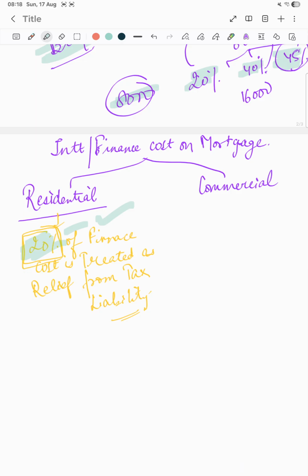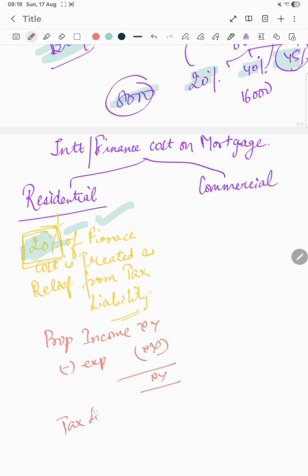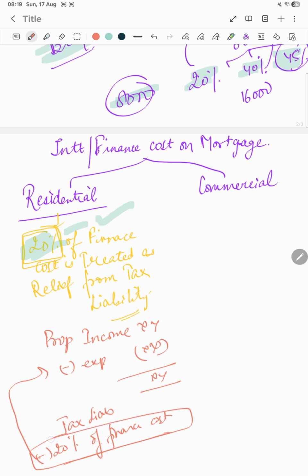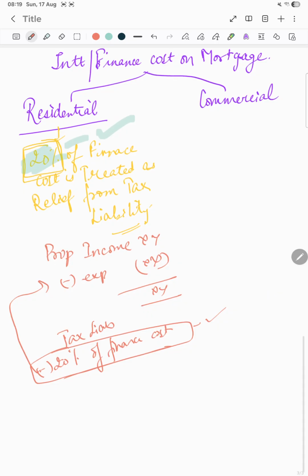To simplify this, HMRC has done it this way: first you calculate the property income, which means income less expenses, and when the tax liability is calculated, you deduct 20% of this finance cost. So the treatment will not be in the expenses, rather it will be in the tax liability. This was done to synchronize the treatment for all taxpayers, whether basic rate, higher rate or additional rate.